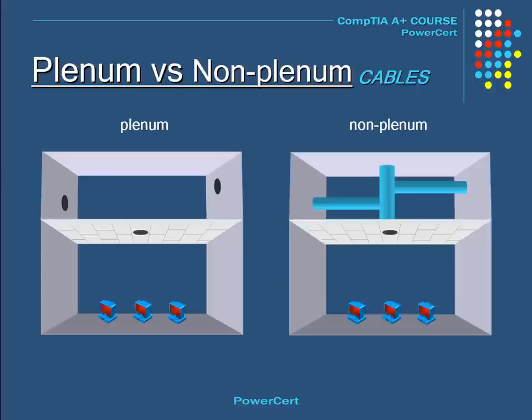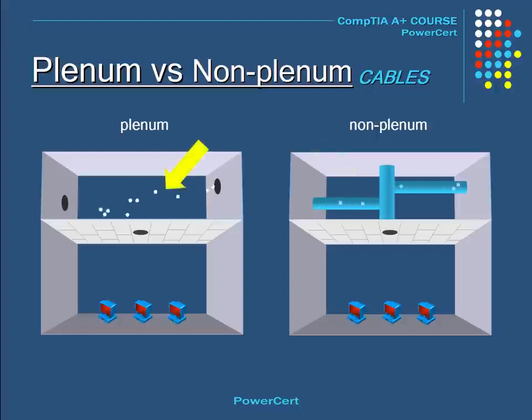The term plenum refers to a space in a building where there is open air flow circulation, and this is usually between the drop ceiling and the structure ceiling. Buildings that don't have plenum spaces have air ducts encapsulating the air flow.